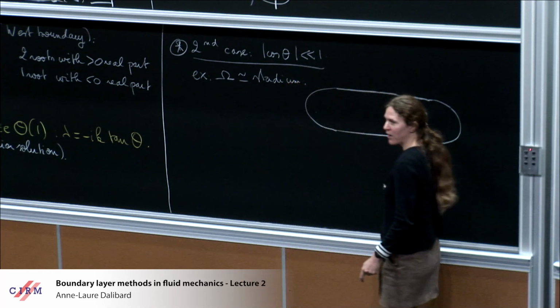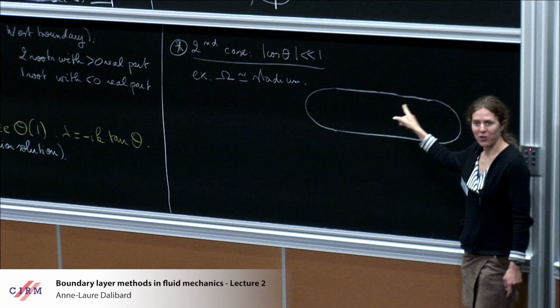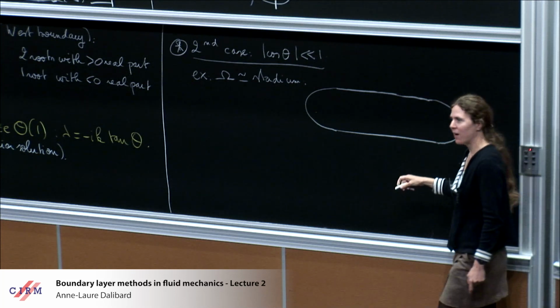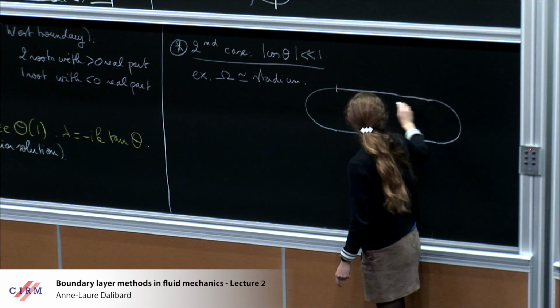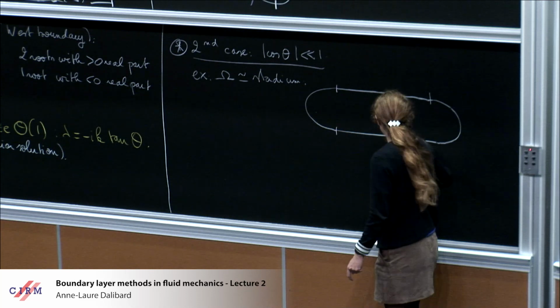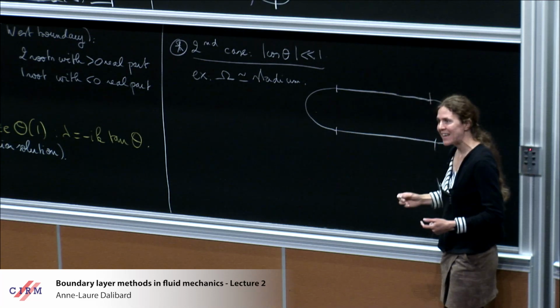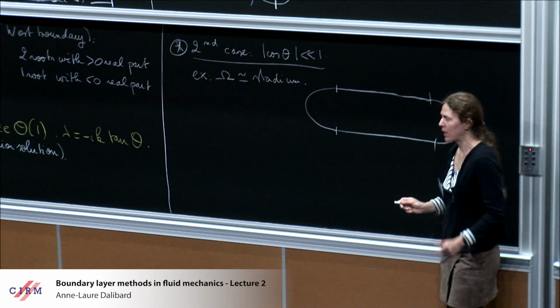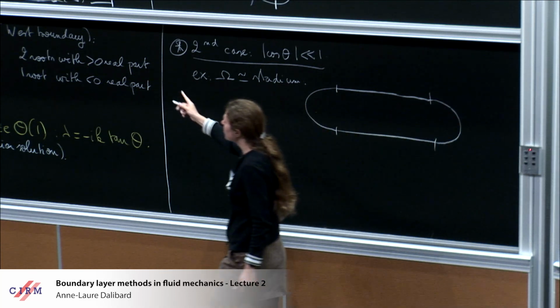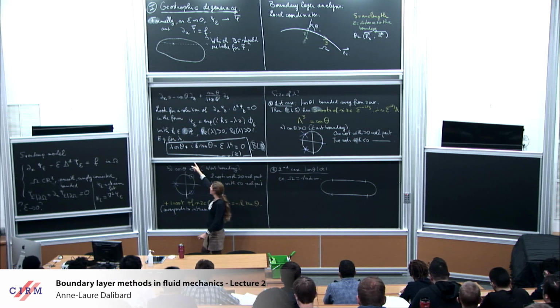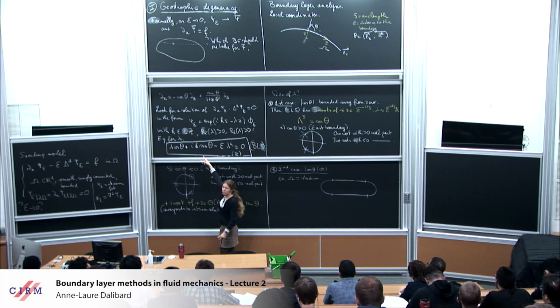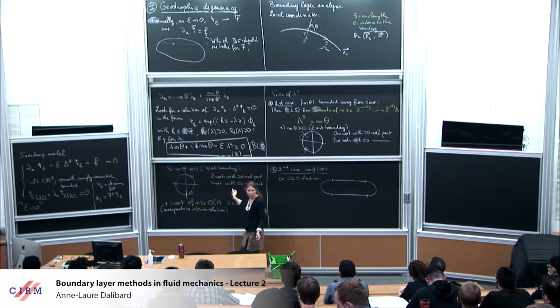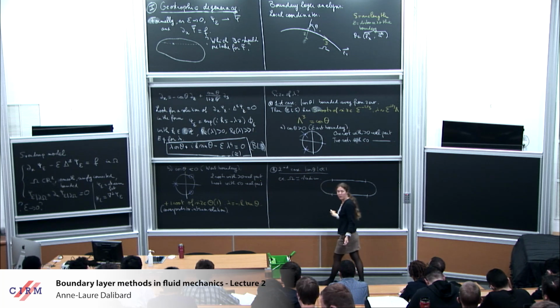I'm just saying, think of an omega that has the following shape. Then you have a large portion of the boundary here where cosine theta is exactly equal to 0. It's not small, it's 0. So in that equation, you don't have a choice, you need to balance these two. The cosine theta cannot do anything for you.